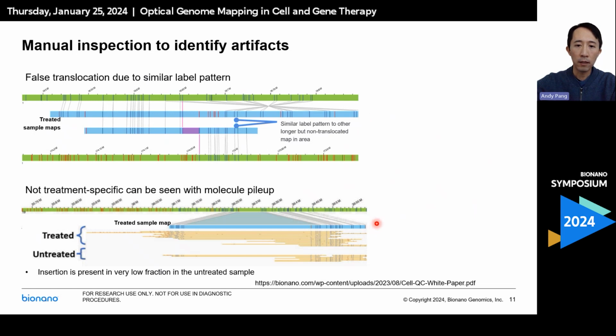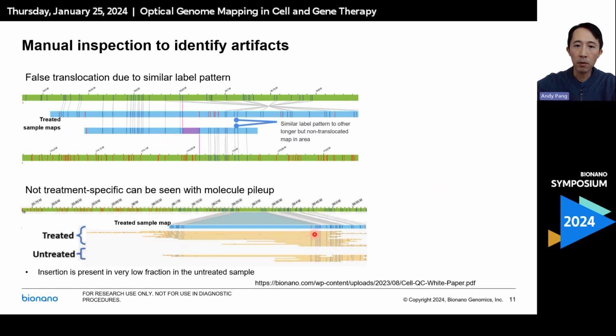Another artifact to look out for is very low variant allele fraction in the control cell lines. So this map here is deemed by the software as treatment specific. In the treated sample, there's a large insertion captured by this map.